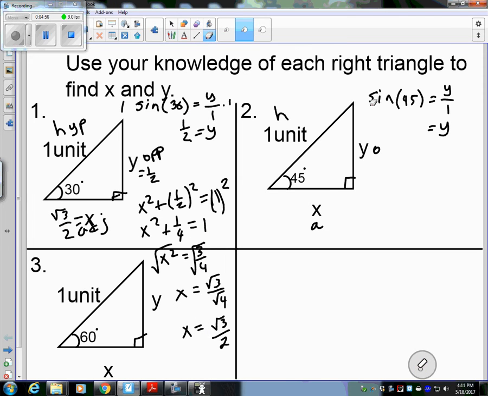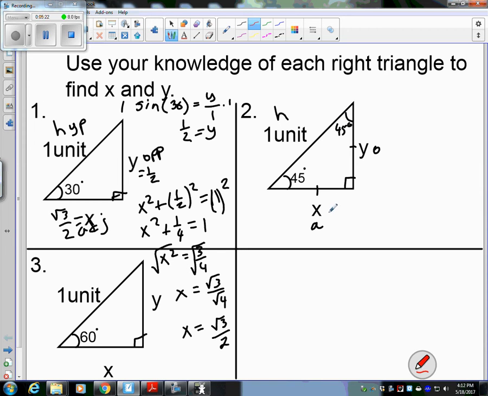Now we have to figure out some other knowledge we have about this triangle. This is a 45-90 triangle, and this angle over here is 45 also. Hopefully there's something special about that you remember. If you have two angles that are the same, these sides are also the same length. So x and y are the exact same length, so we don't need a different variable.